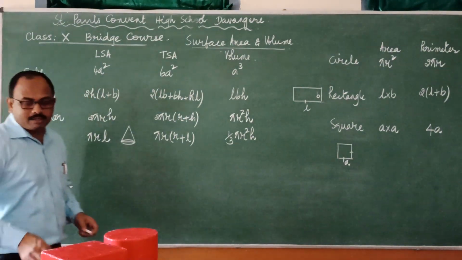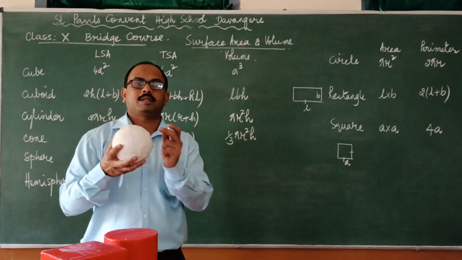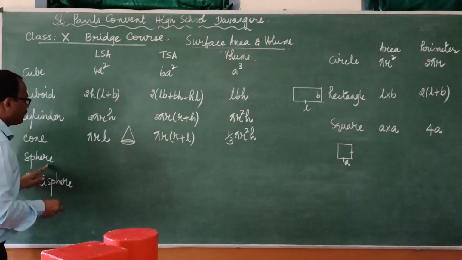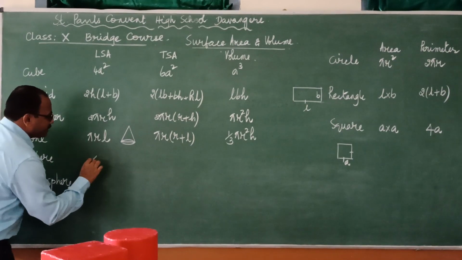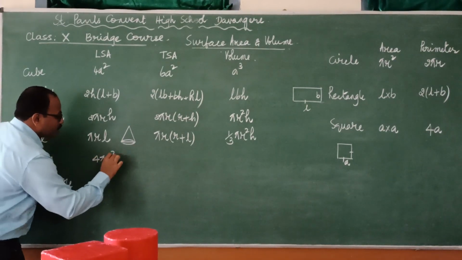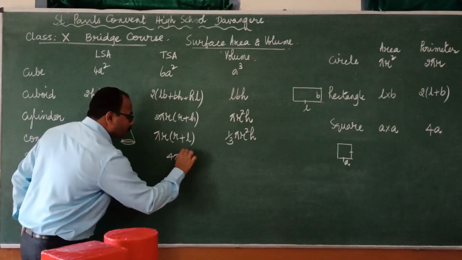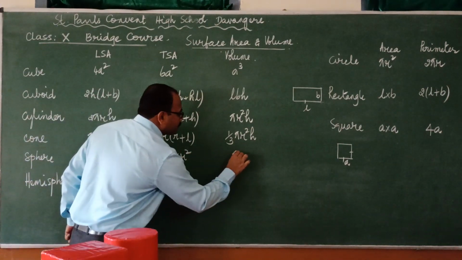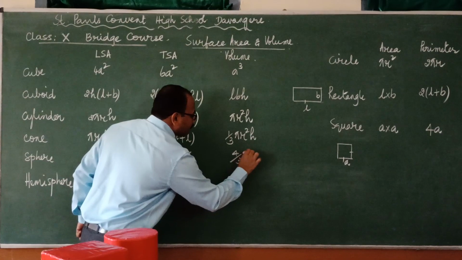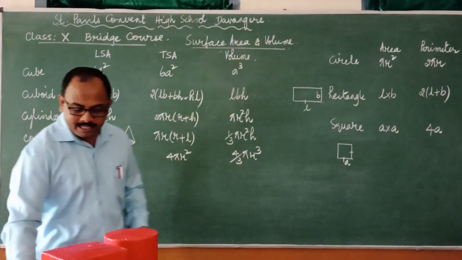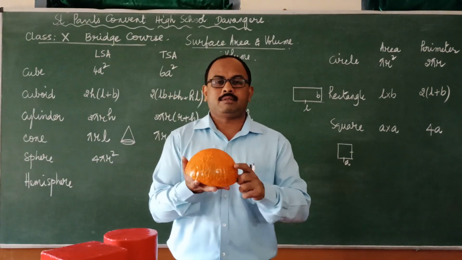Regarding the sphere, children, this is a sphere. Lateral surface area is 4 pi r square. Total surface area is also 4 pi r square. Its volume becomes 4 by 3 pi r cube, children. Then the hemisphere, the half sphere, children.